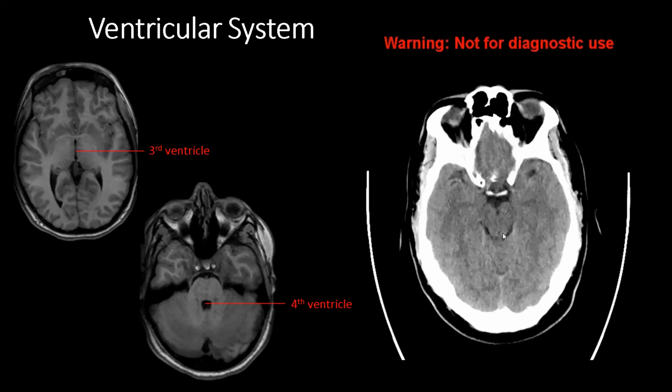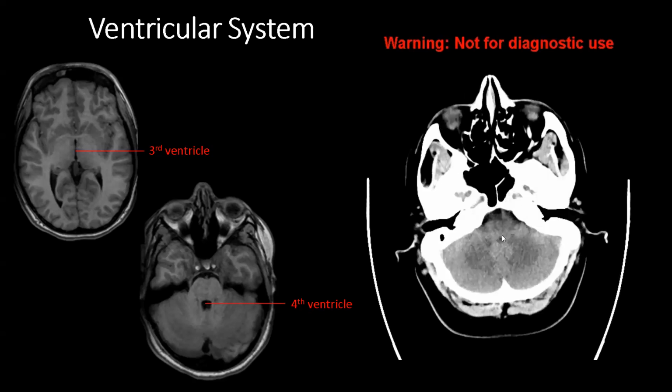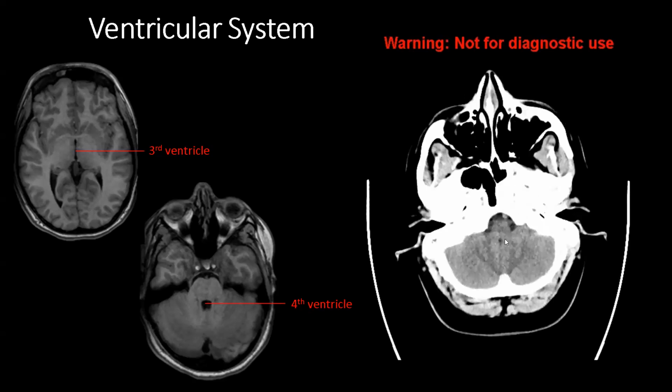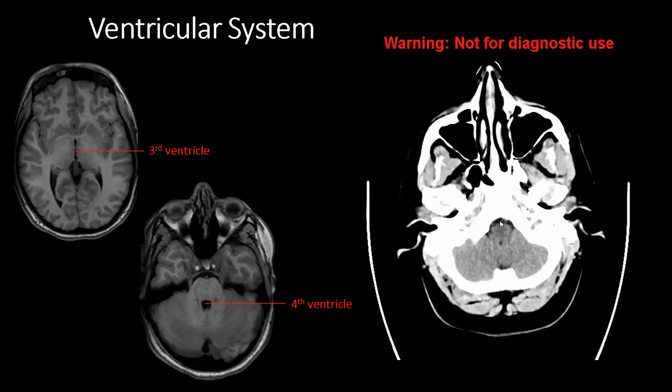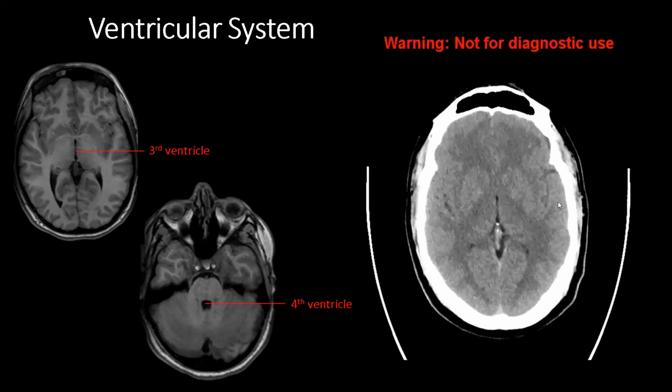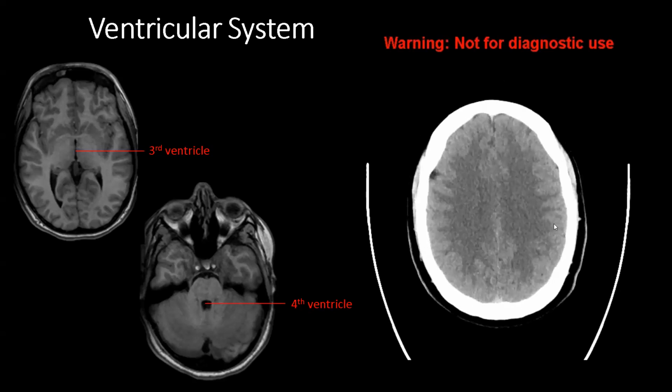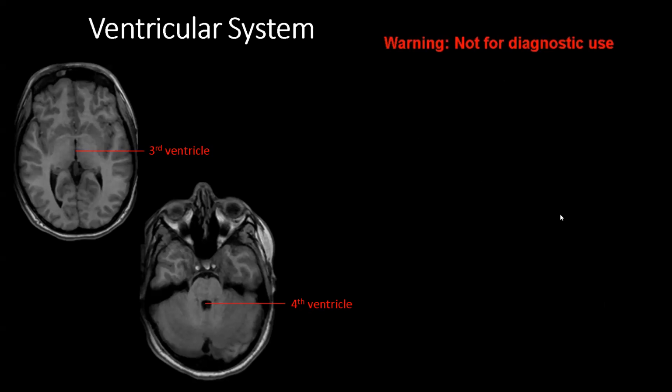That will produce CSF. It will drain down the pathway, which we just went over, and then it will drain from the fourth ventricle through a few foramina called the foramina of Luschka and foramen of Magendie into the extraaxial CSF space, coating the spinal cord as well as within all the cerebral sulci and cisterns.